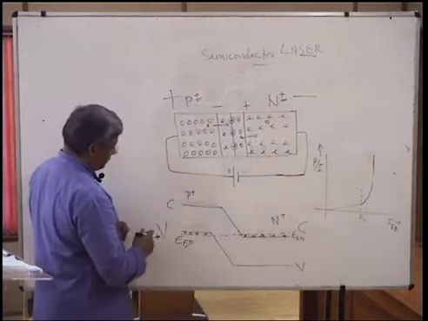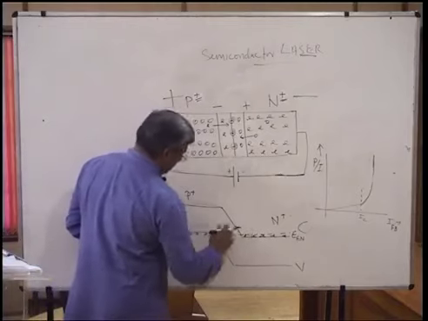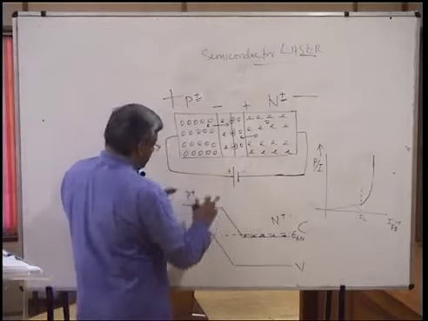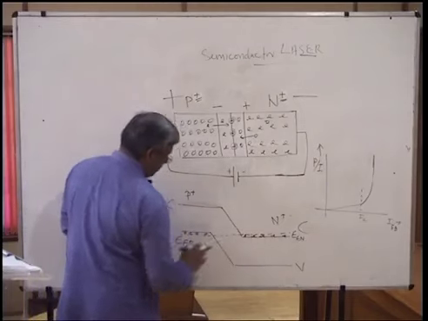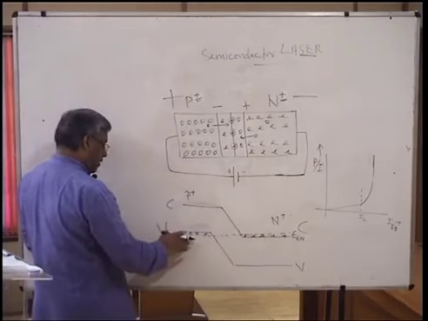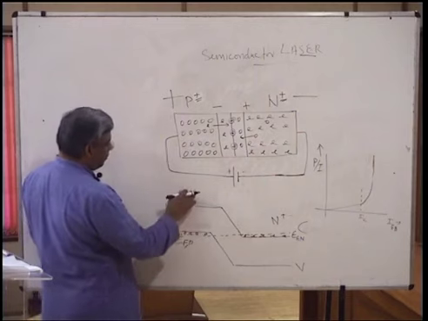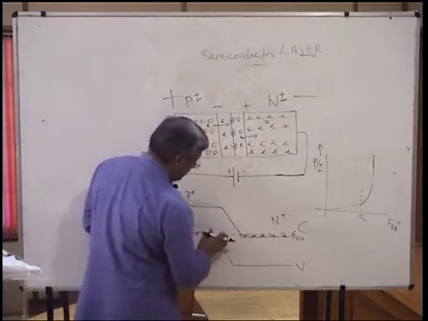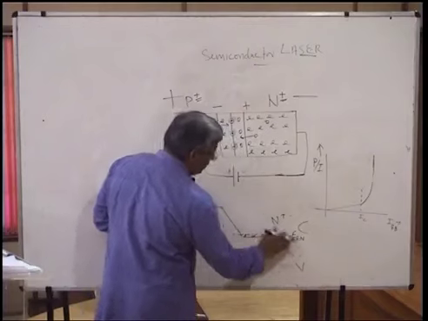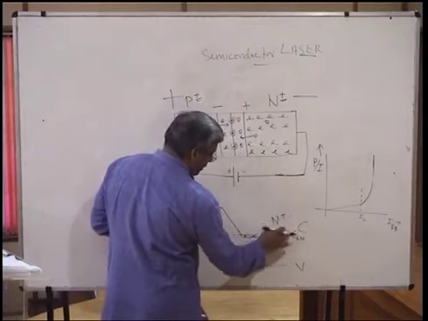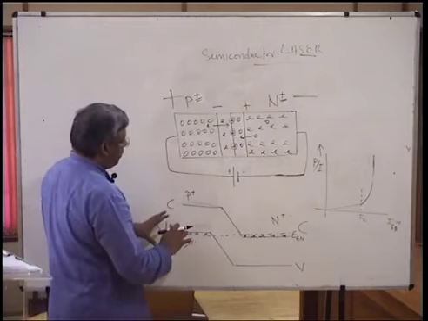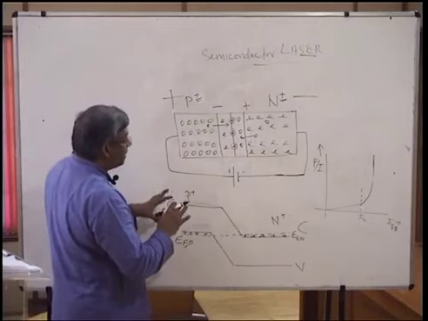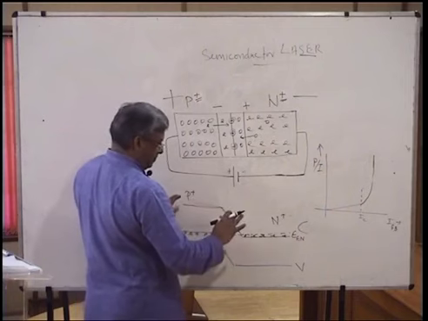This will be reflected in the Fermi level diagram. The doping should be to such an extent that the Fermi level lies in the valence band of the P plus region, and at the same time lies in the conduction band of the N plus region. This is what is called doping till degeneracy.